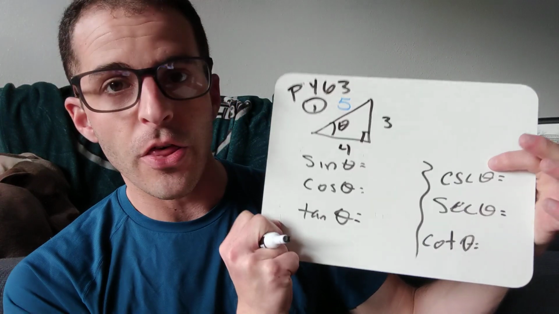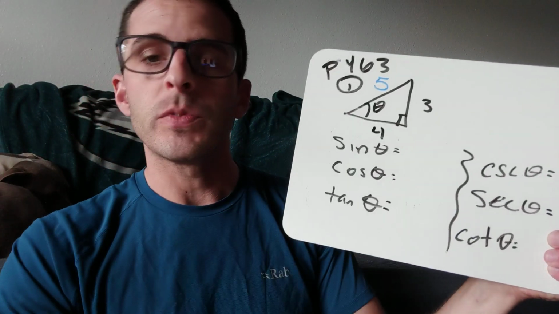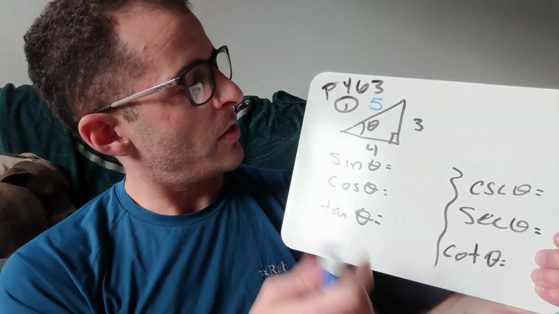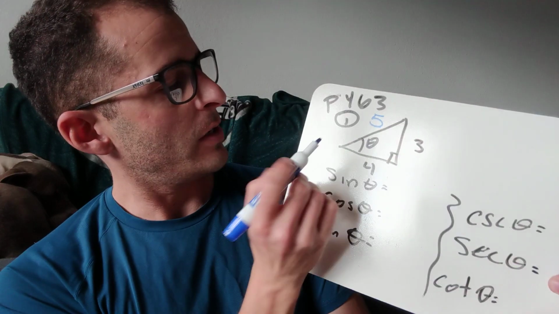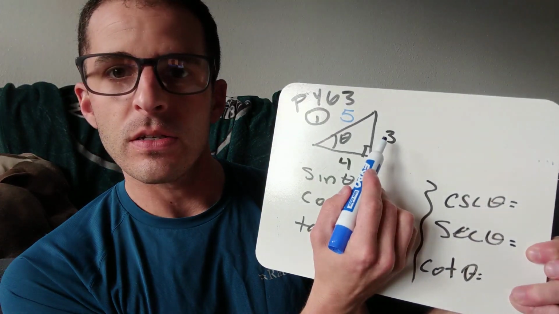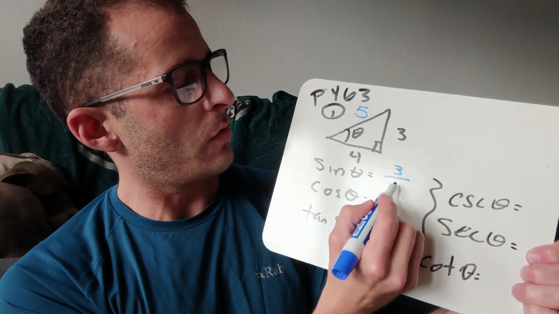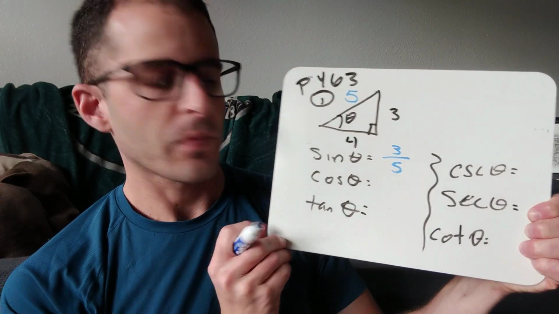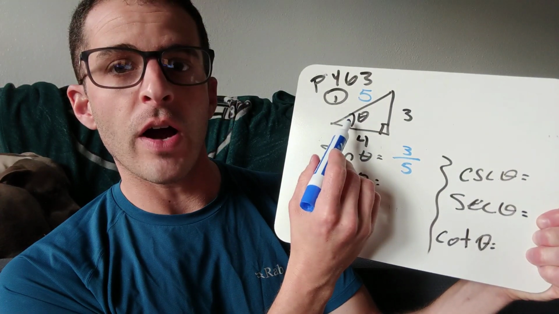Remember, this symbol is theta. That's our variable. That is the angle where we're at. Okay, so we are standing in this corner right here where theta is, and we're looking straight opposite us. Okay, so straight opposite, sine is opposite over hypotenuse. Cosine, we're standing in this corner, and we need to do adjacent over hypotenuse.